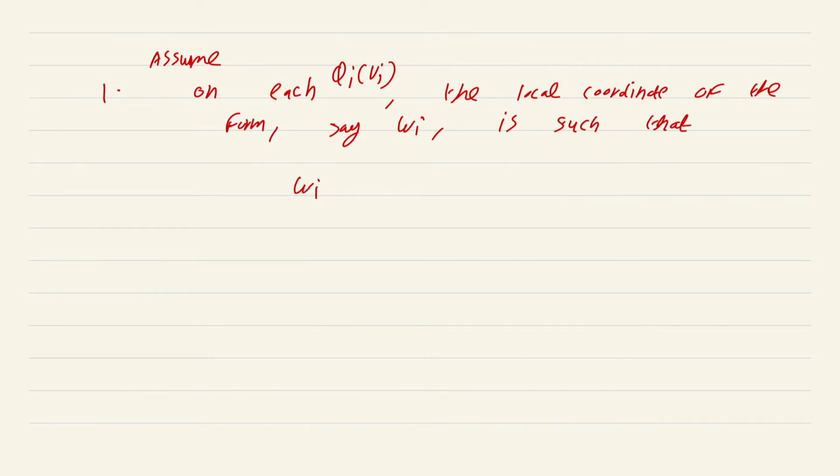omega_i composed with phi_i is integrable on C_i, which is by definition phi_i inverse of A_i. Okay, so I will draw a picture towards the end so that you are not utterly confused.